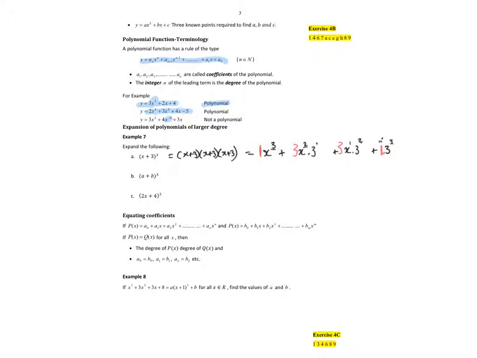So they're all multiplied. My final rule is x cubed plus 3 times 3, which is 9, x squared, plus 3 squared is 9 times 3, which is 27 times x, plus 3 cubed, which is 27.